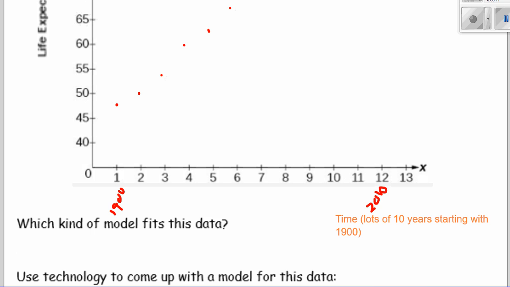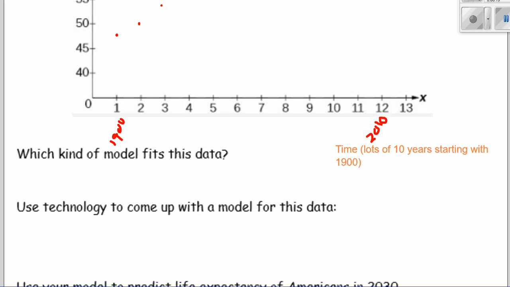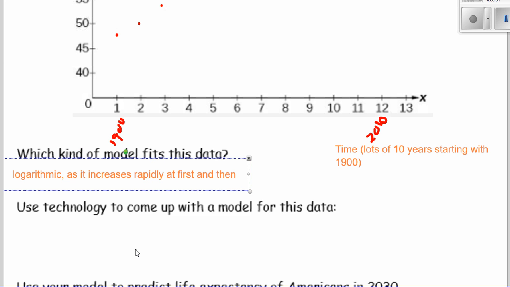So I'd say logarithmic, that's what I would say, if you agree with me. Logarithmic, as it increases rapidly at first and then begins to level out, flatten out a bit.